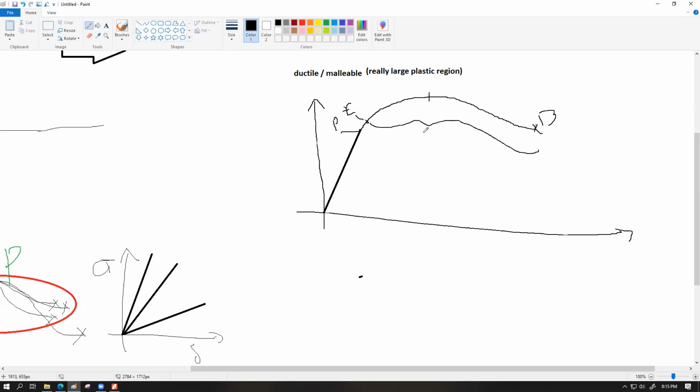What this means is that they can be deformed permanently a lot, or they can be reshaped by a really high amount before they break. We use the two different words, ductile and malleable, for two different types of deformation.